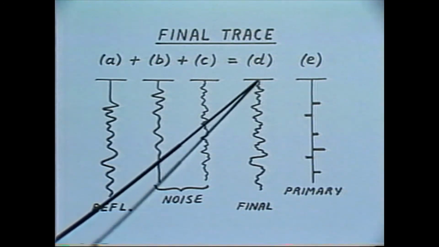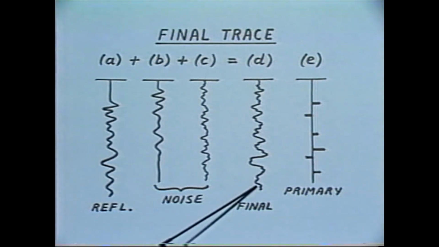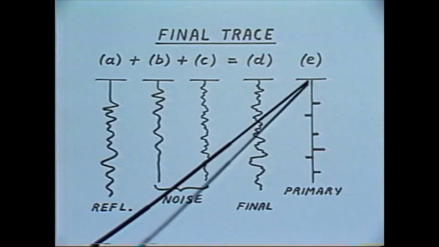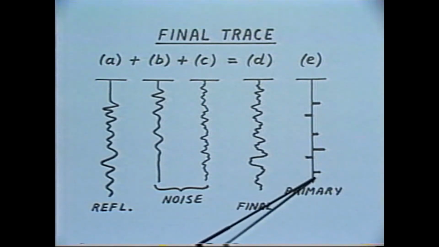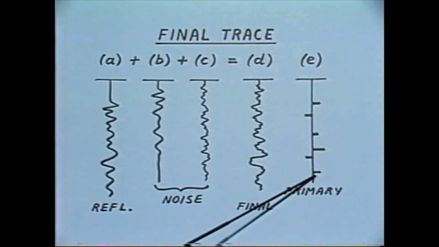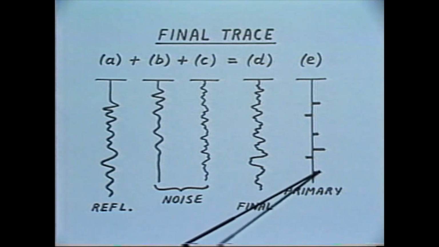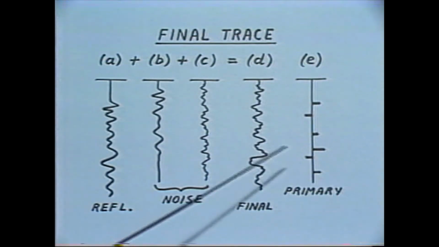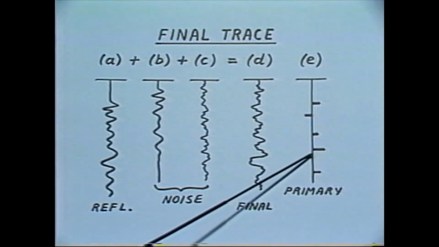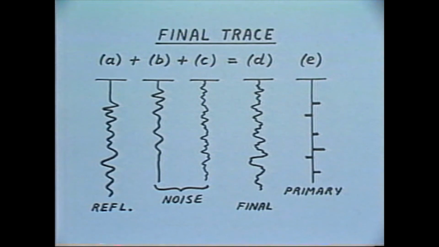So we record a trace that looks like this, but in fact what we want is a trace that looks like this, which contains only the primary reflections. Each of those reflections is some very sharp waveform, preferably just a single impulse, and where the amplitude of those primary reflections are proportional to the reflection coefficients of the particular interfaces.